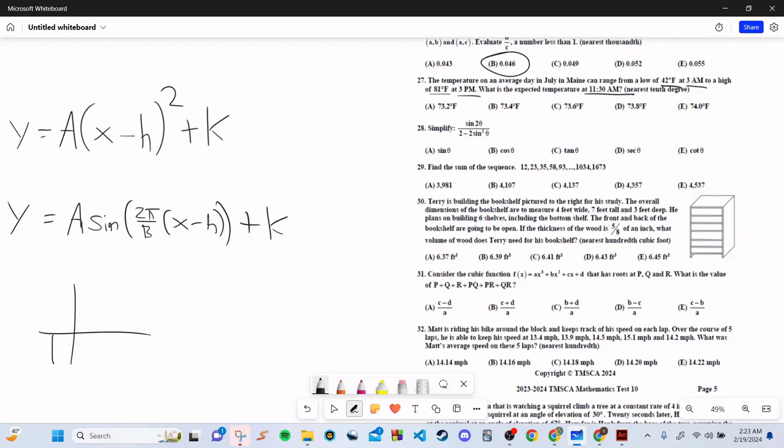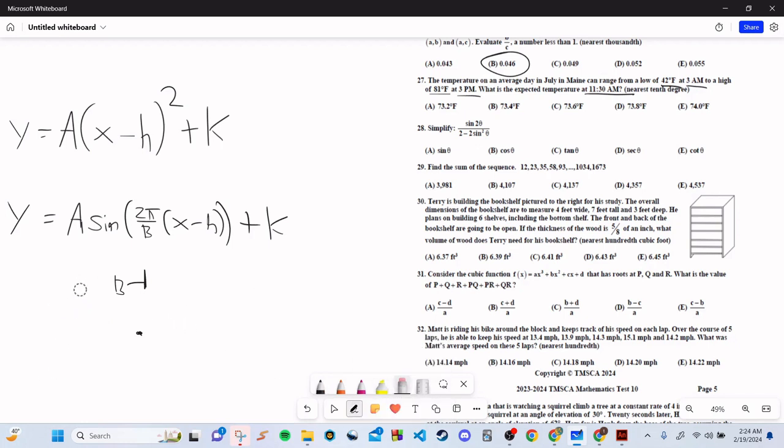Or I guess to make it a little bit more extreme. So amplitude is from the middle to one of the peaks or one of the troughs. And so that's what our A represents. And our B represents how long it takes to complete a full cycle. So this would be one full cycle.